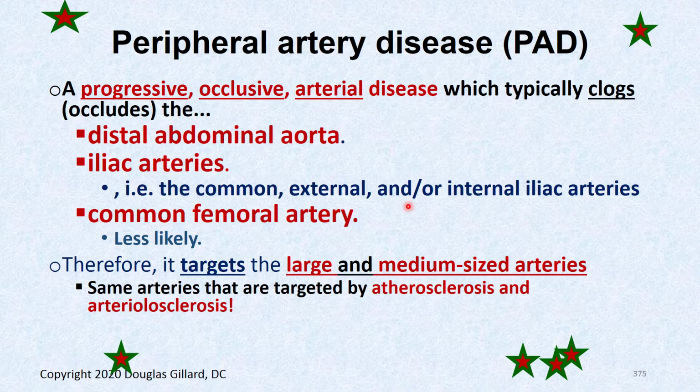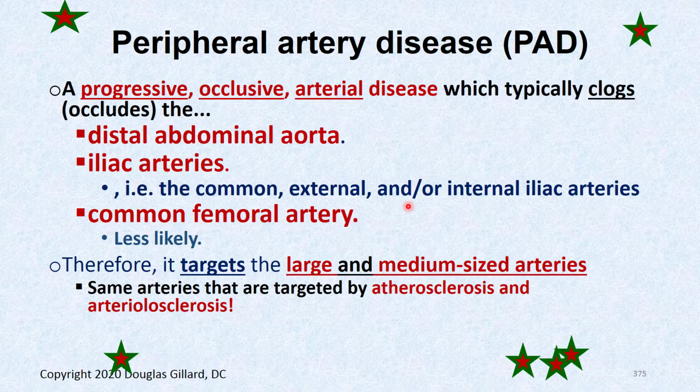And the distal ilium is affected. The iliac arteries are affected. And even the common femoral occasionally gets to the popliteal, but it usually doesn't go past the femoral artery. So unlike Buerger's disease, which only attacks the medium-sized arteries, by taking the femoral pulse and the popliteal pulse, you can possibly tell the difference.